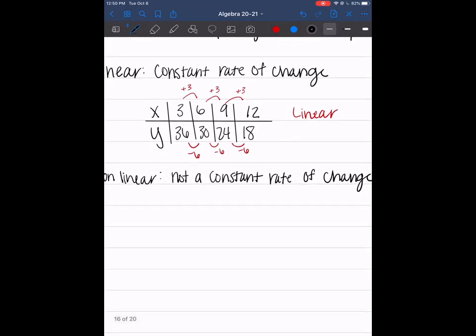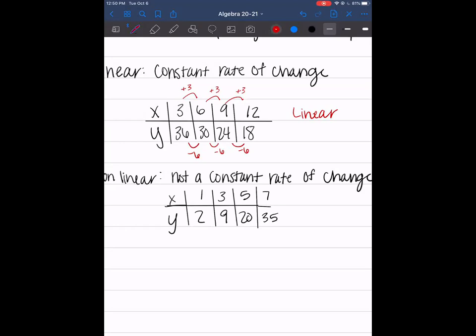So if I was given the table, if I have x and y, I need to extend that a little bit. And then x values of 1, 3, 5, and 7, with y values of 2, 9, 20, and 35.